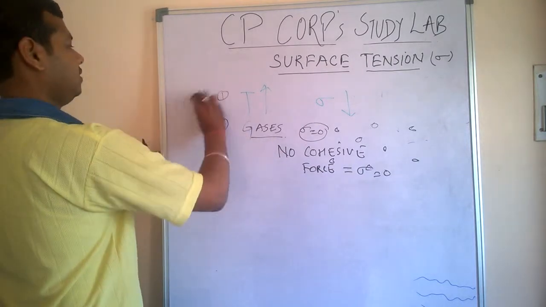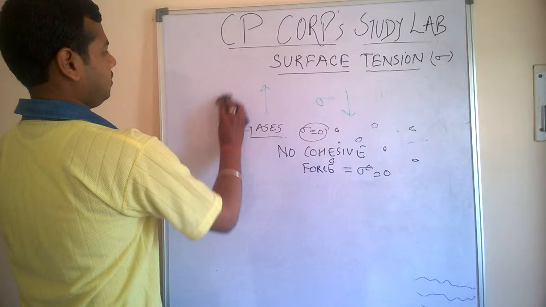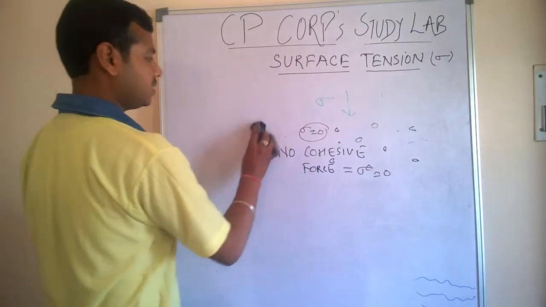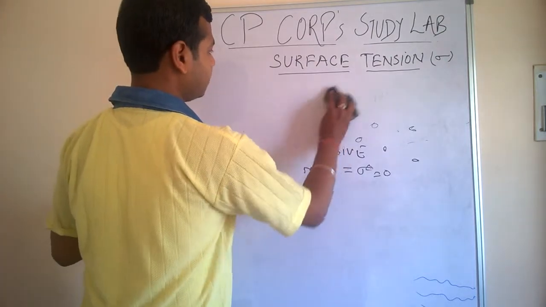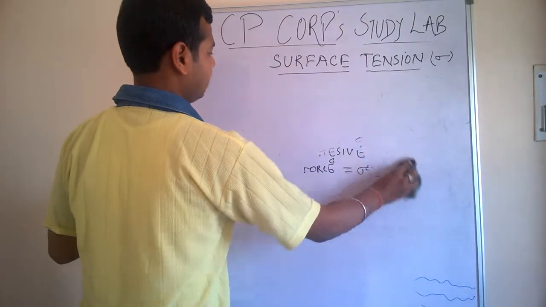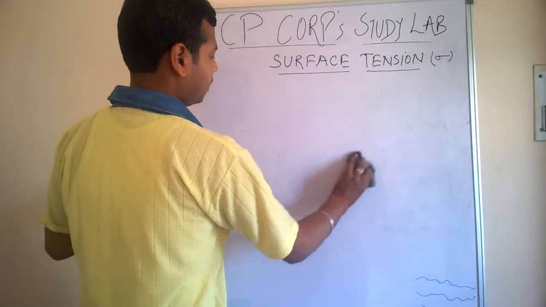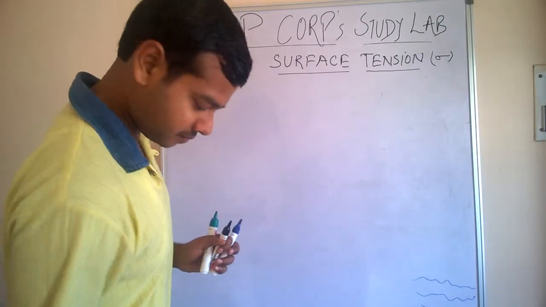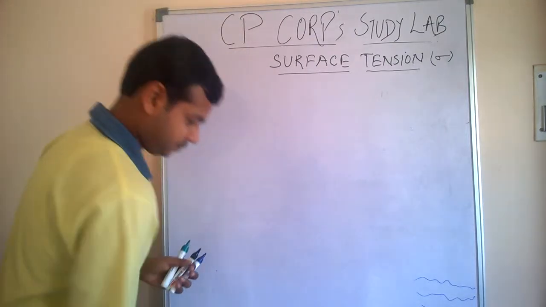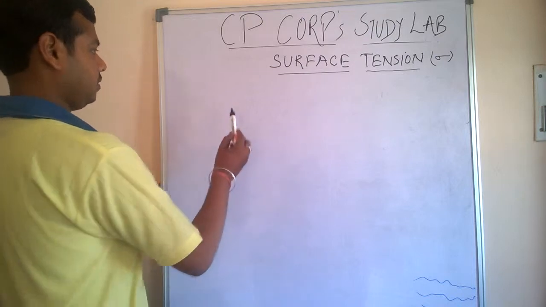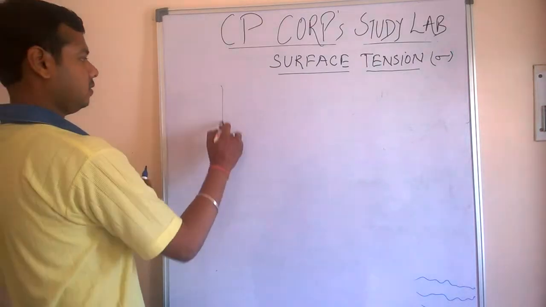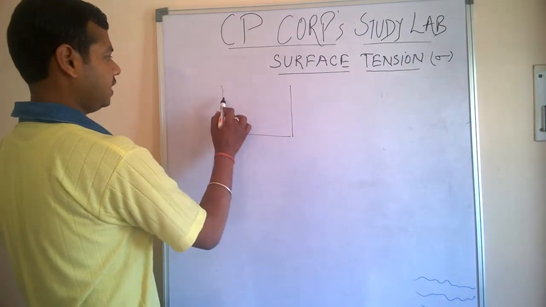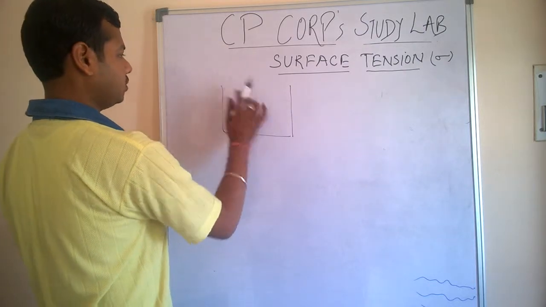Rise in temperature, surface tension decreases. And surface tension is a relative phenomenon. You can alter it by putting on some sort of chemical. Now take a container like this, put some water in it.